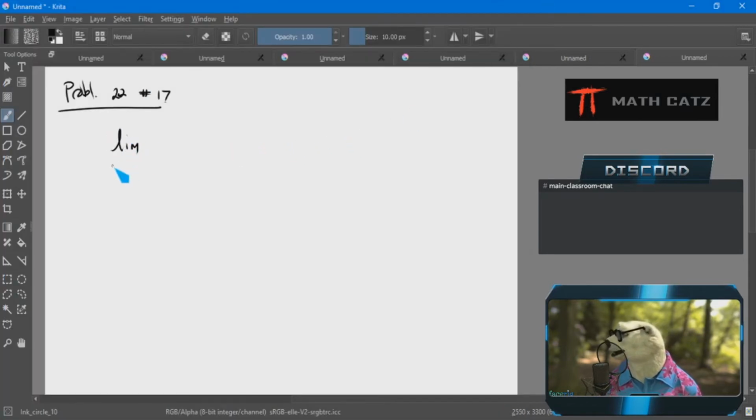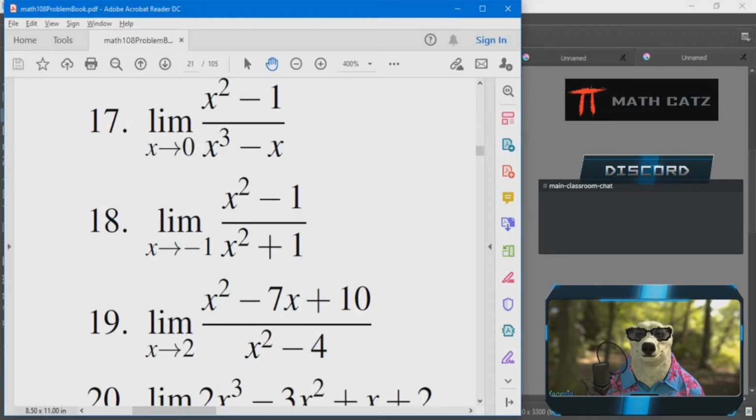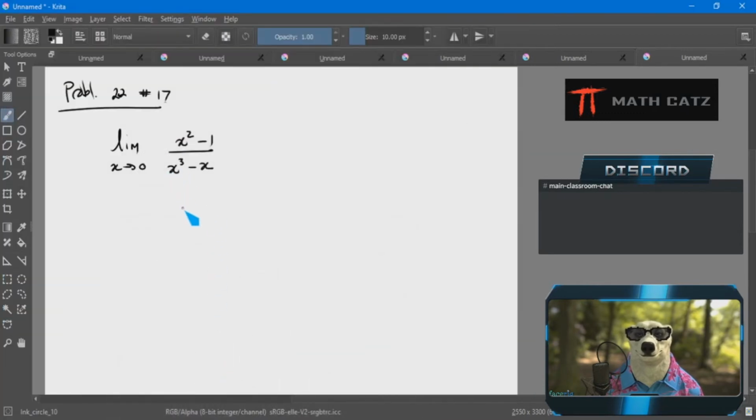Limit. Once we understand how to look at these things, I feel like I should apologize. There isn't really much mystery here, but we'll try and see if we can come up with some mystery. x squared minus 1 over x cubed minus x. Right? Yeah, pretty sure. Okay, try and plug it in. It's not going to go well.